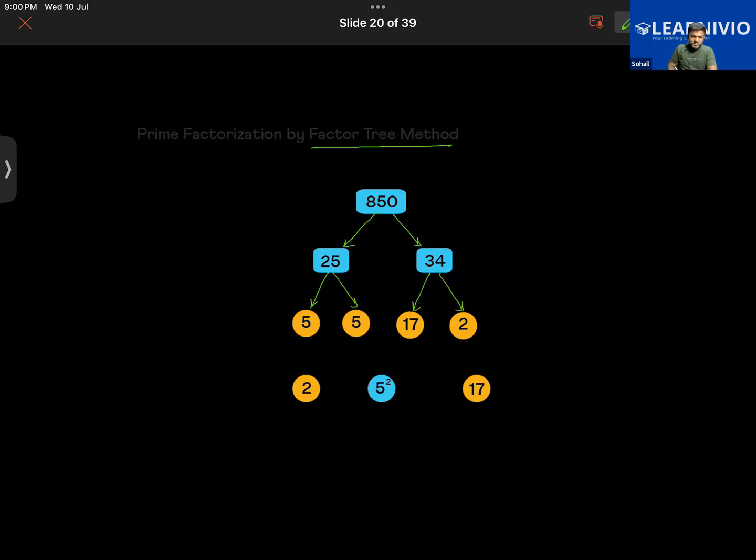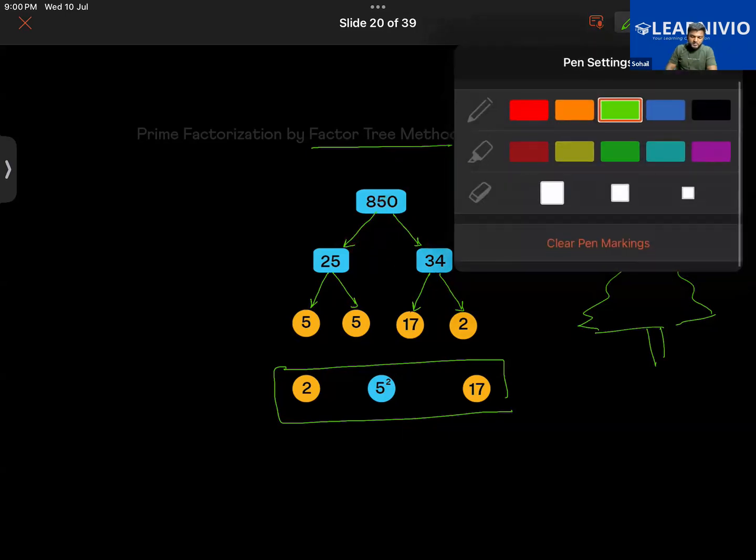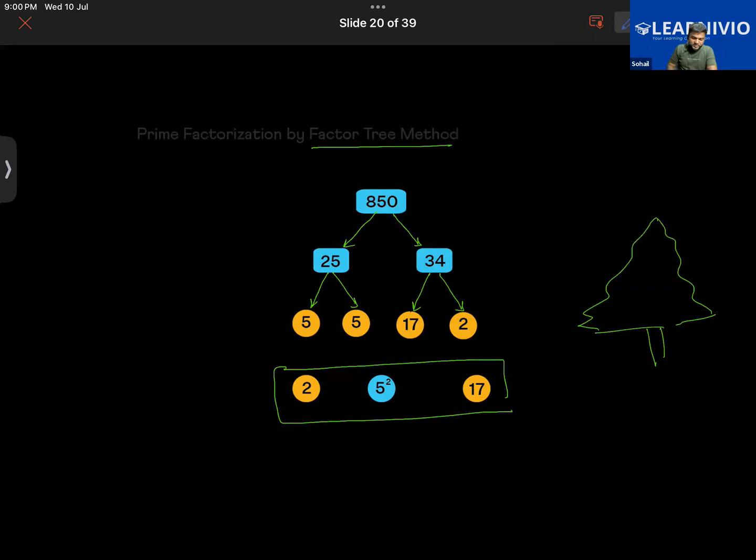Getting this over here? So this is the final answer to this question. Do tell me, does this shape not look like that of a tree? That is called the factor tree method. This 5 square is written over here because 5 appears 2 times, so in short, it is written like this.